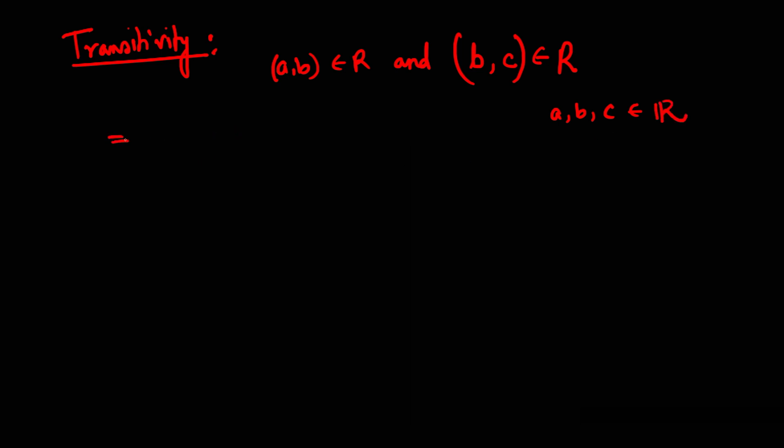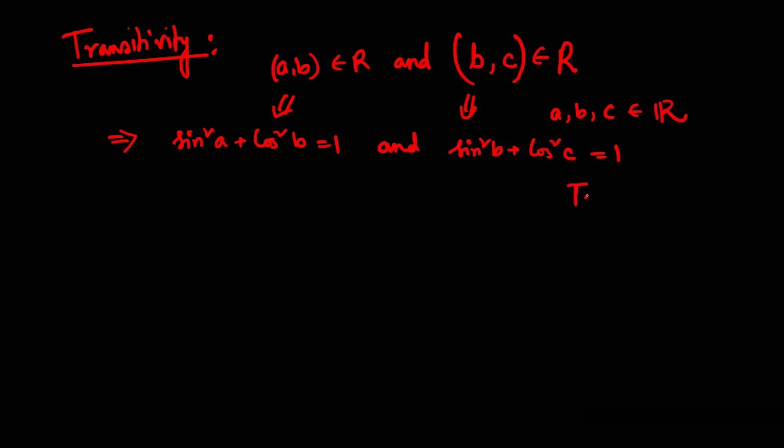So what do these two imply? That sin square a plus cos square b equal to 1, and sin square b plus cos square c equal to 1. So we have to check.